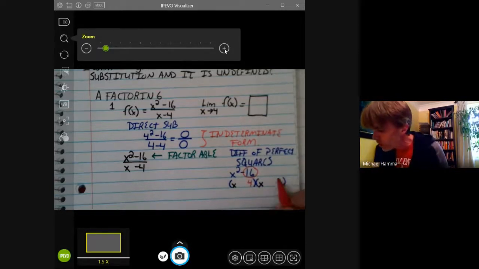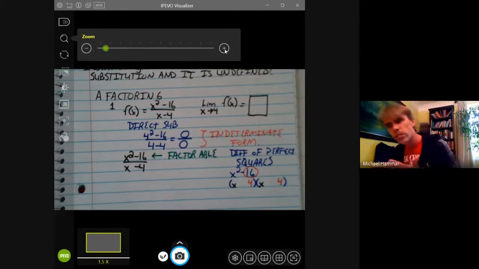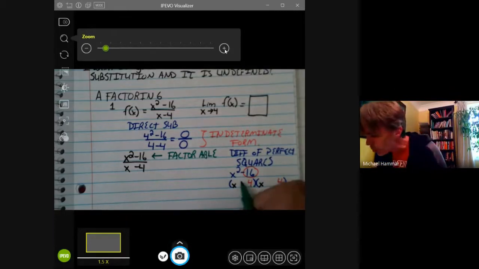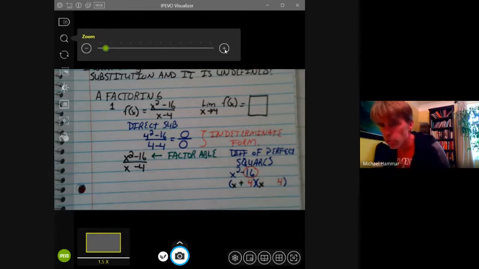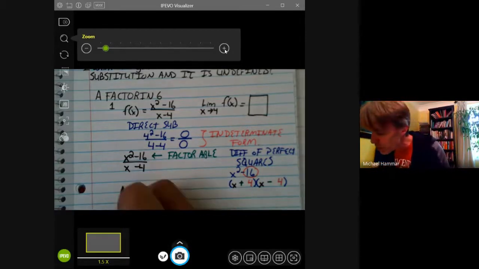It's 4 and 4. So what you have is x and 4. Now remember, when you do the difference of perfect squares, one of them's a plus and one of them's a minus. I just want you to remember that shortcut. I'm not going to go through the process of why that works. You just need to remember how to factor the difference of perfect squares.